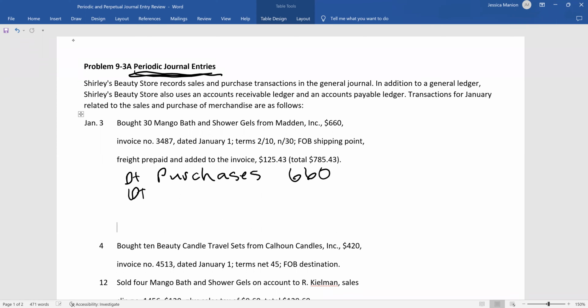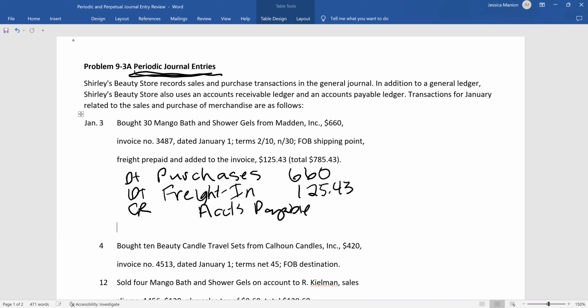We're going to debit freight in for the amount of the freight cost, $125.43, and we're going to credit accounts payable for the entire amount that we owe, $785.43. That is what that first one would look like.